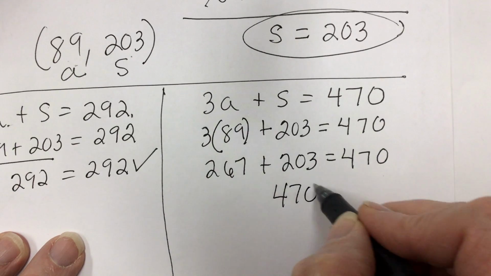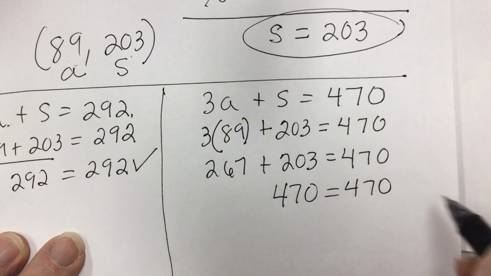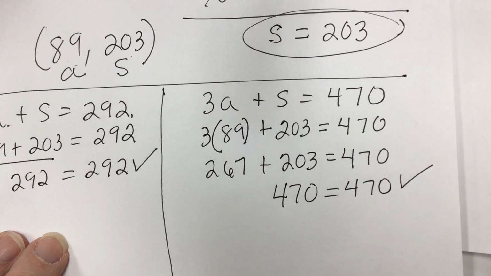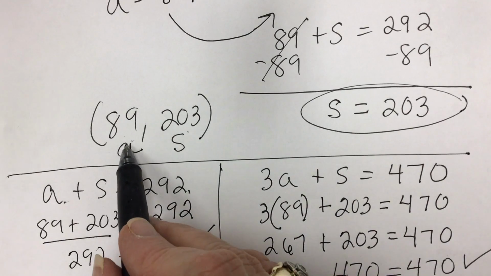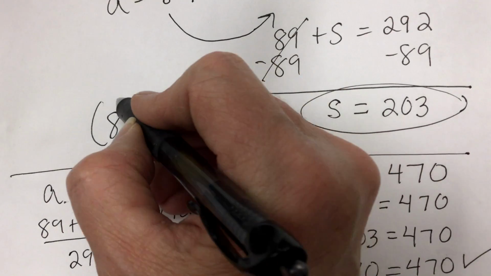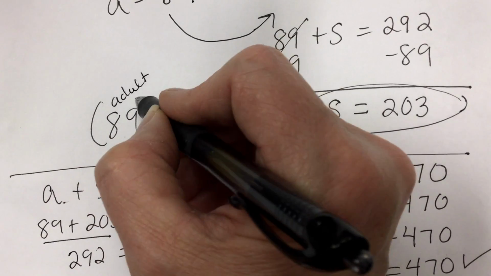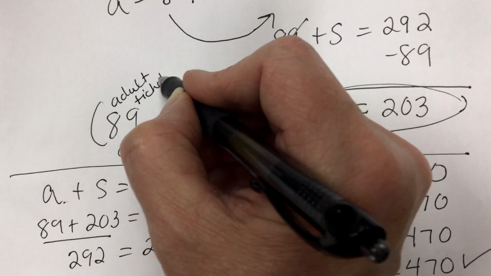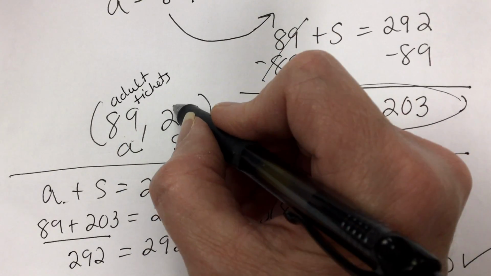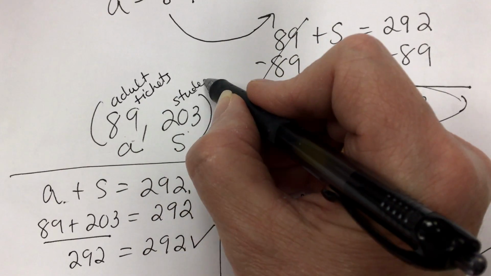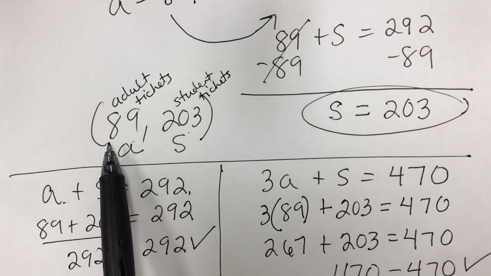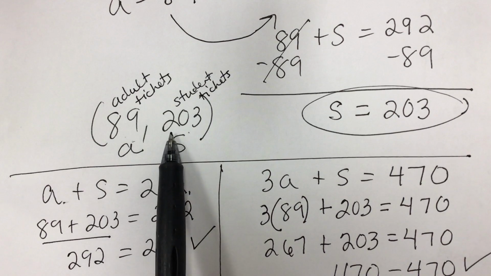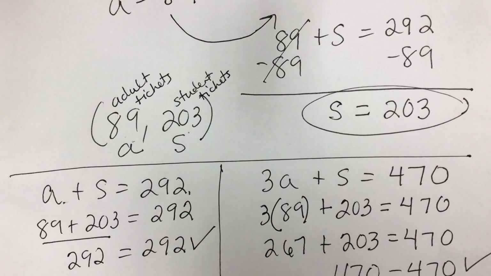Therefore, the left side does equal the right side. So we did find the answer. Remember, A represented the number of adult tickets, and S represented the number of student tickets. So they sold 89 adult tickets and 203 student tickets.